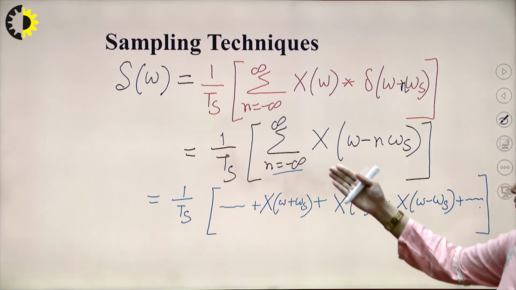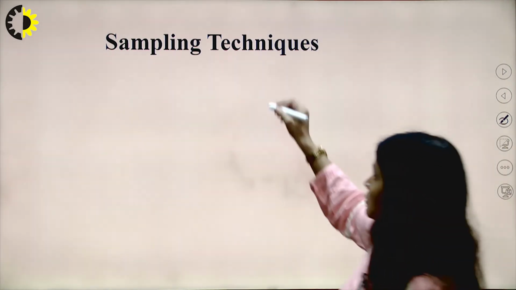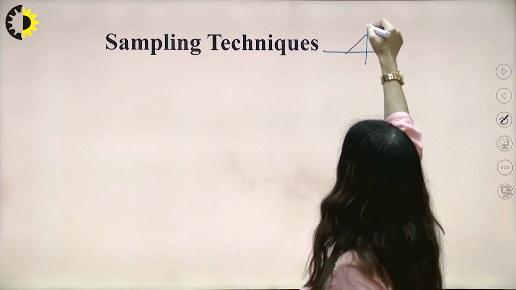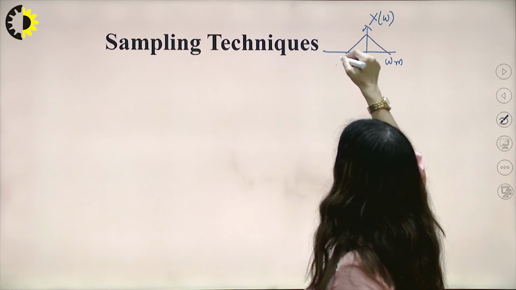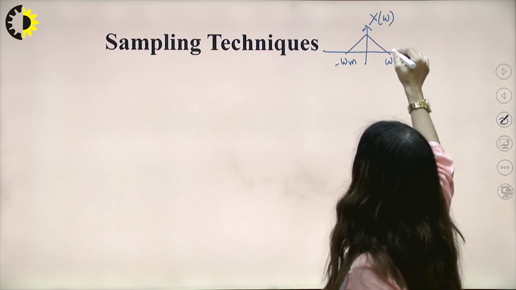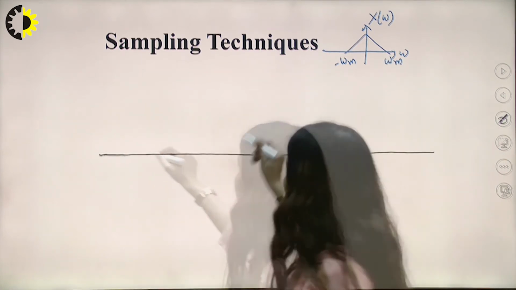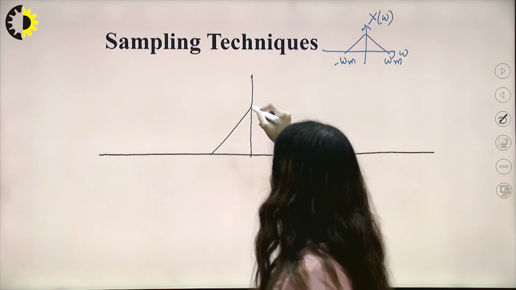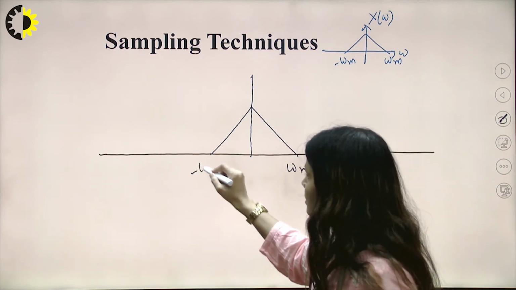So after putting the value of n, now I am able to draw the spectrum of this particular expression. Since my x(t) spectrum is X of omega from minus omega m to omega m, keeping this in mind, I will plot it. This is omega m, this is minus omega m.